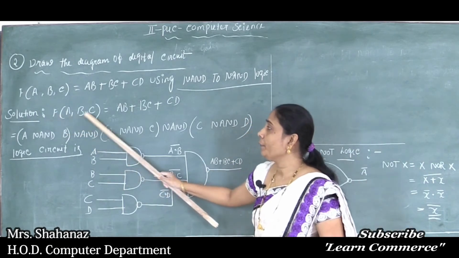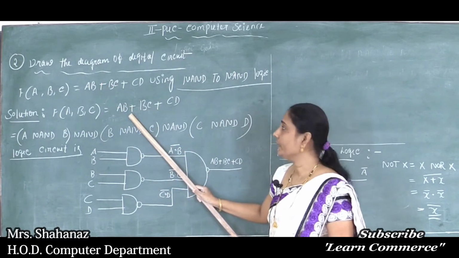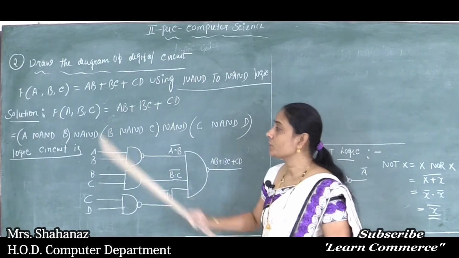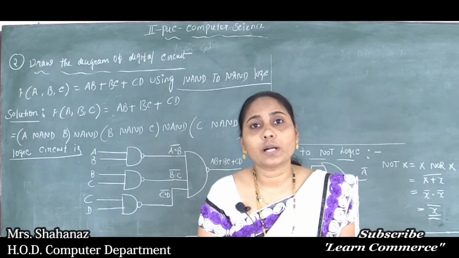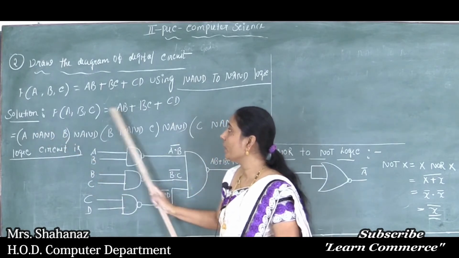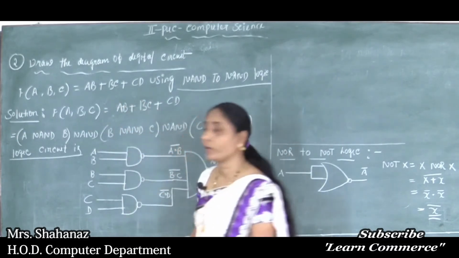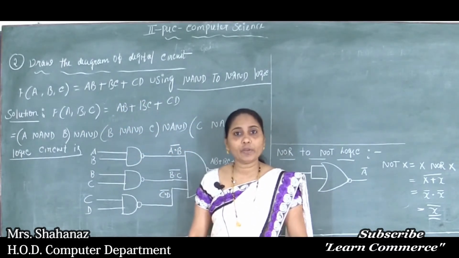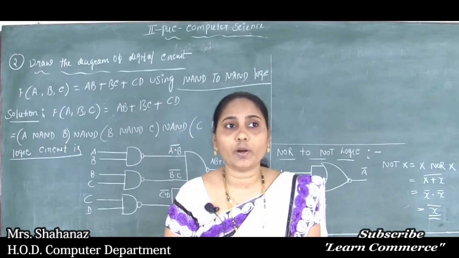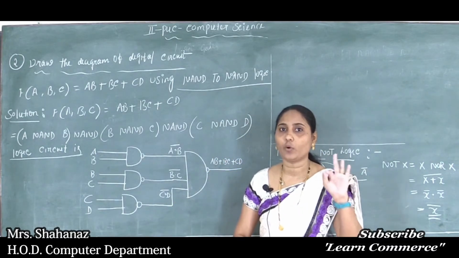Solution: A, B, C. Now whatever is there in the question, the same thing we need to write: AB plus BC plus CD. Now such an expression can be written as A NAND B. Clear this point here. Actually there is a dot in between and we read it as A and B. But we know we are in the concept of the design rule, converting from NAND to NAND logic, so whatever it is, we need to convert to NAND only.